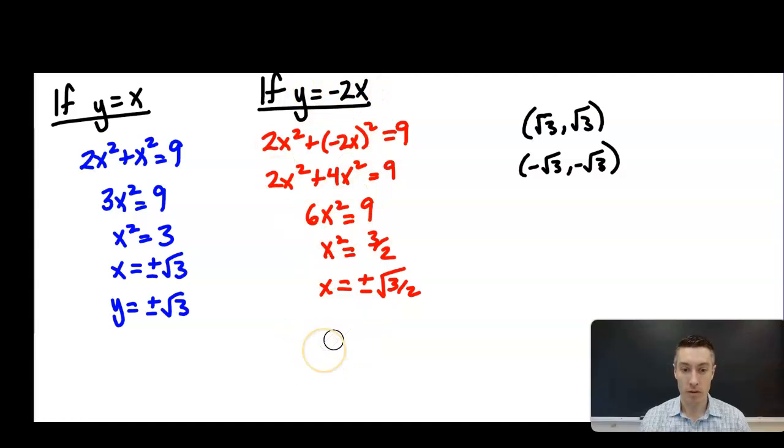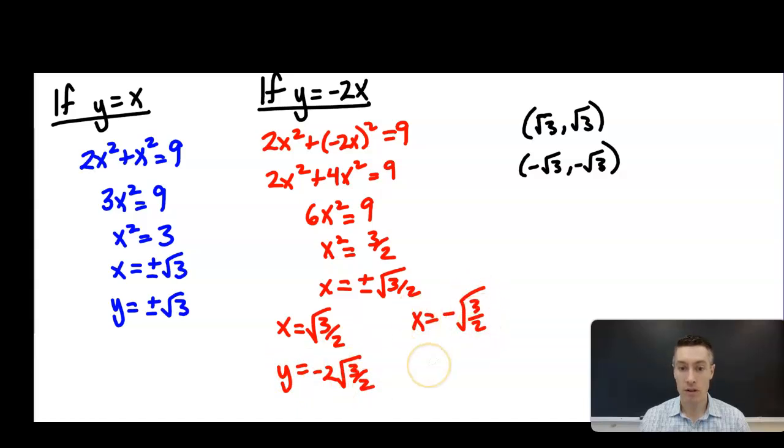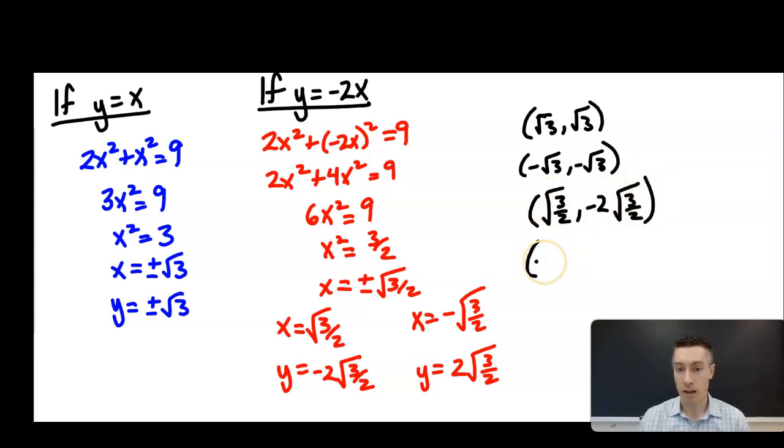It's going to be a little more difficult to do it all at once. So x equals square root of 3 over 2. That would mean y equals negative 2 square root of 3 over 2. And x equals negative square root of 3 over 2. y equals positive 2 square root of 3 over 2. So adding to our list, square root of 3 over 2, negative 2 square root of 3 over 2, and negative square root of 3 over 2, 2 square root of 3 over 2.